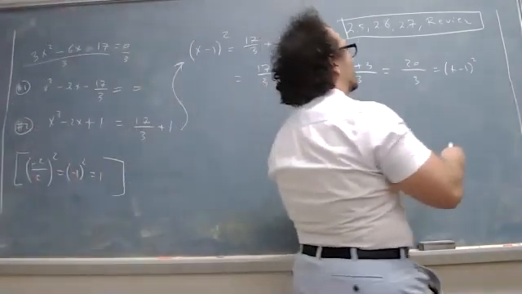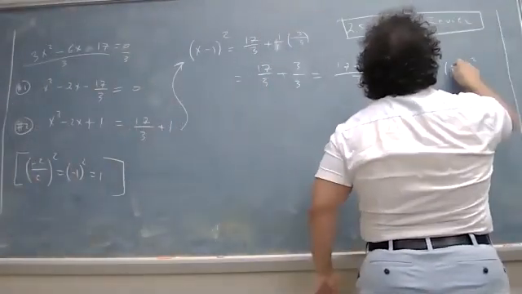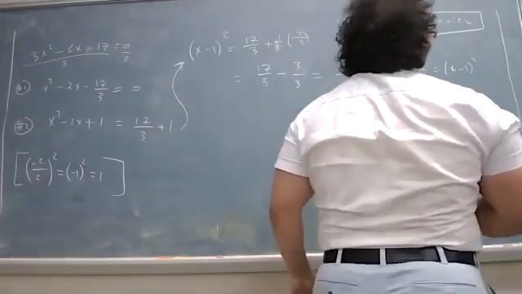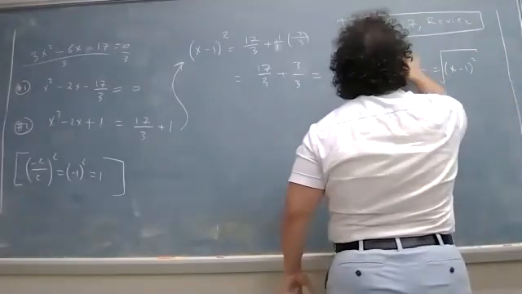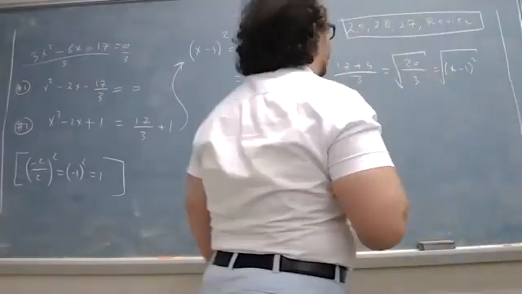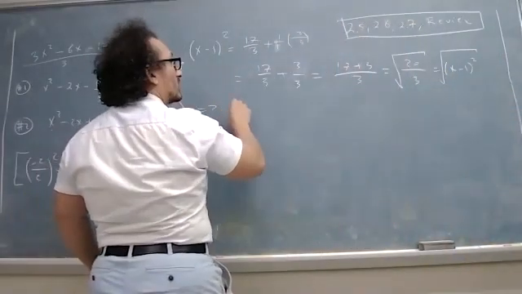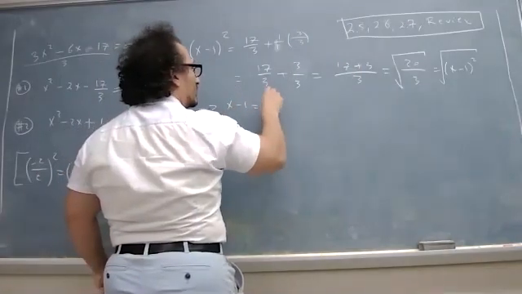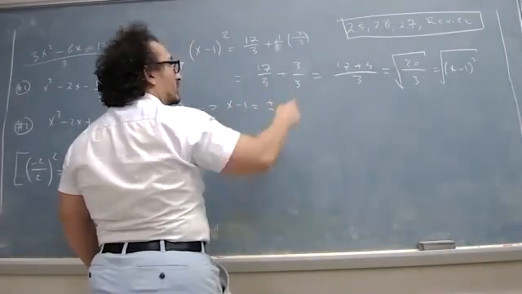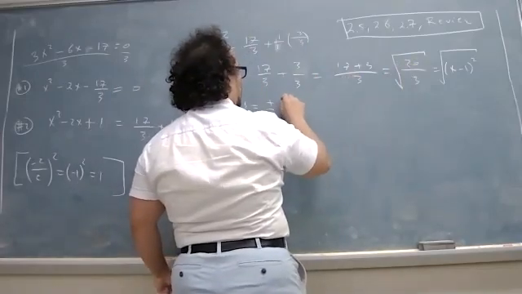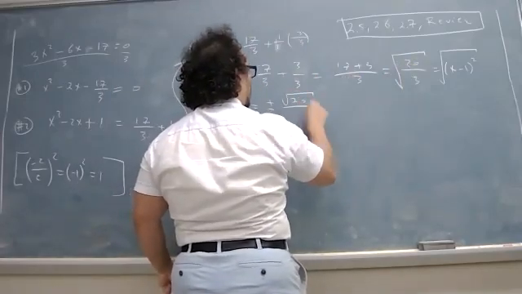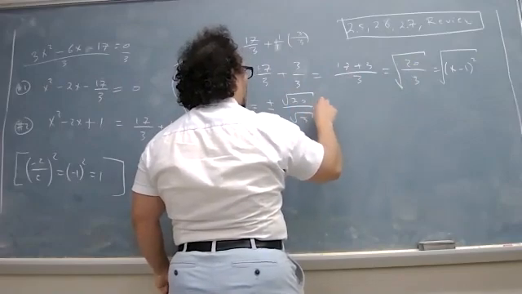So once we got to this point right here, we aspired to solve for x. So what we want to do is take the square root of both sides here. So that means I get x minus 1 is equal to plus or minus the square root of 20 over 3. And I can distribute that square root to both 20 and to 3. Why would I do that?